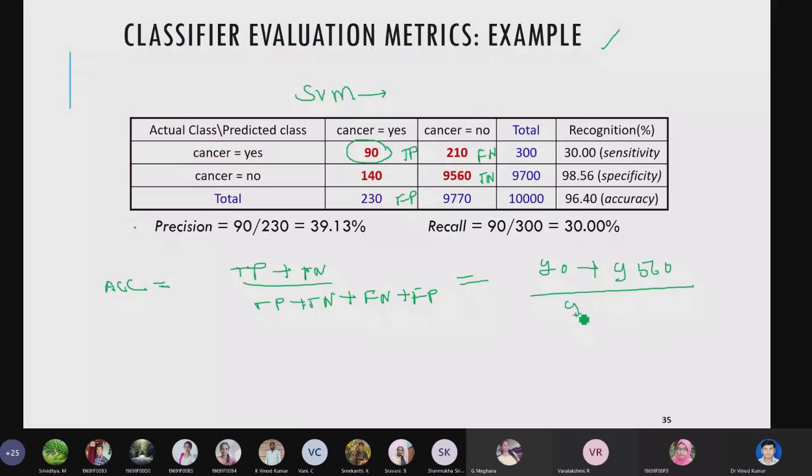All: 90 plus 9564 plus 210 plus 140. So you will come up with 300 divided by how much? 10,000. So how much answer will you get?